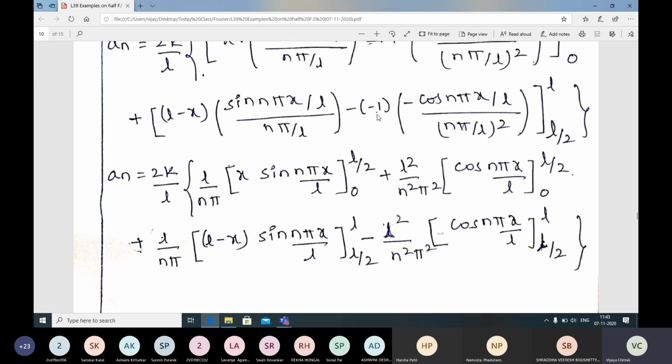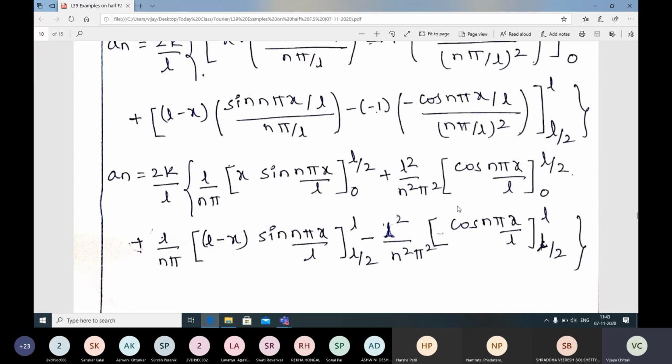So minus of minus 1 and integration of this sin n pi x by L divided by n pi by L is minus cos n pi x by L divided by n pi by L raised to 2, and derivative of minus 1 is 0. 0 into something is 0. Limits varies from L by 2 to L.